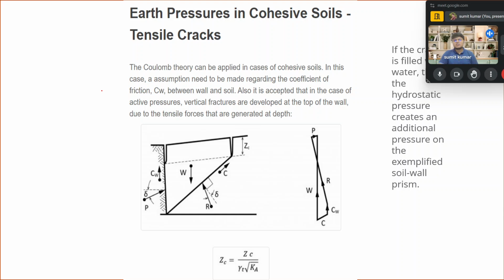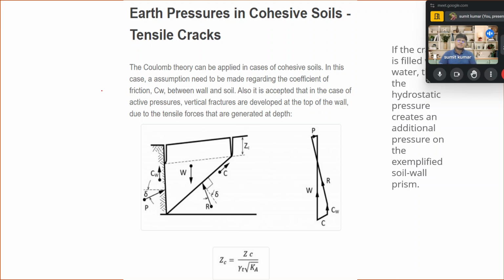When we talk about earth pressure in cohesive soil, the Coulomb theory can be applied to cohesive soil. In this case, an assumption needs to be made regarding the coefficient of friction Cw between the wall and the soil.